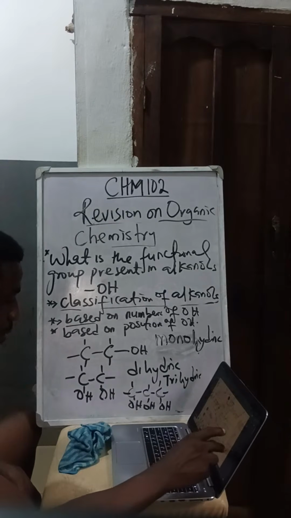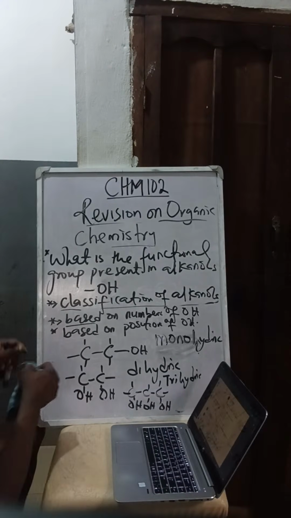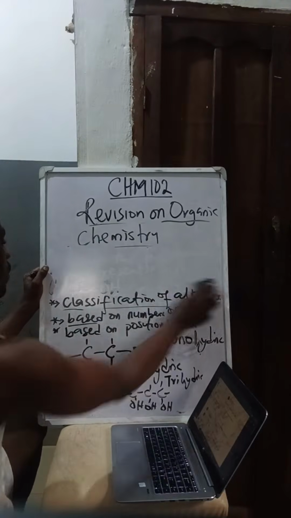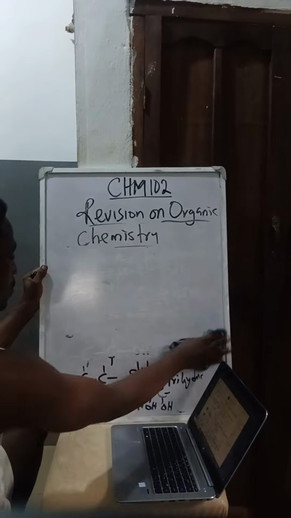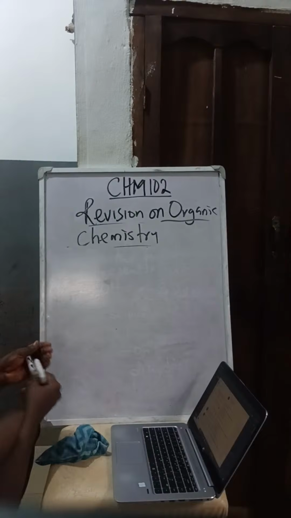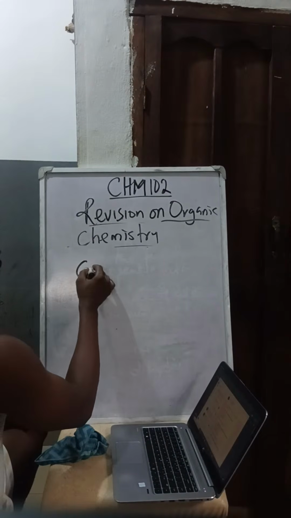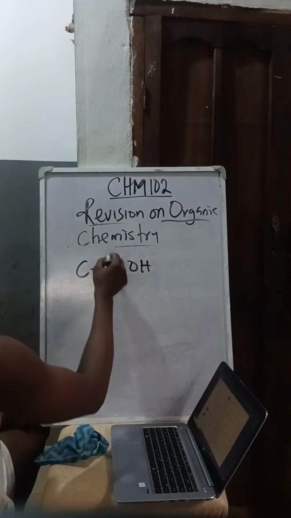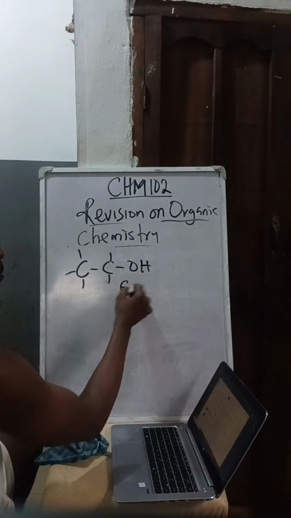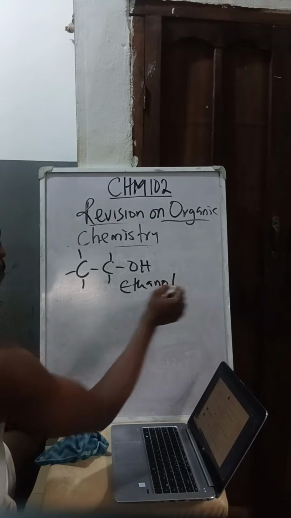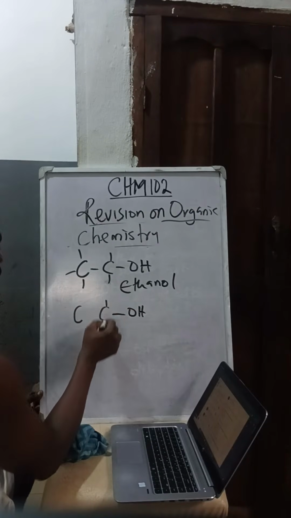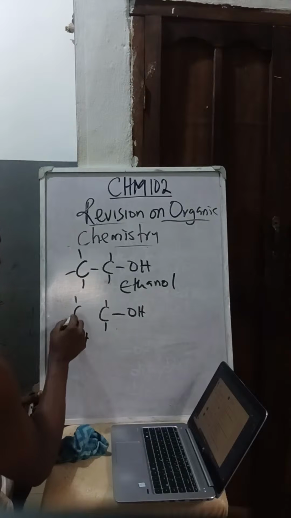All right, so let's look at some questions. But talking about this classification based on number of OH, let's give an example. CH3CH2OH is called ethanol. Then CC with OH, but this time around, there are two OH.